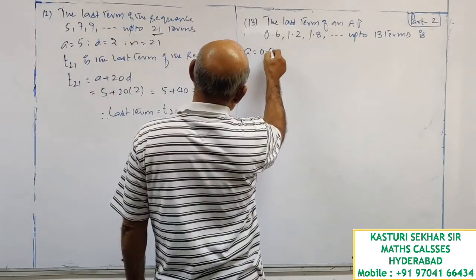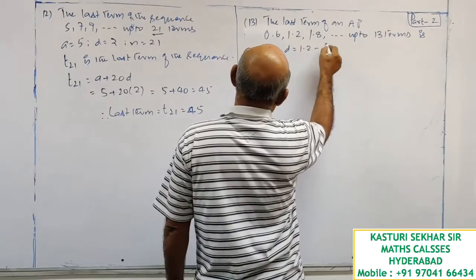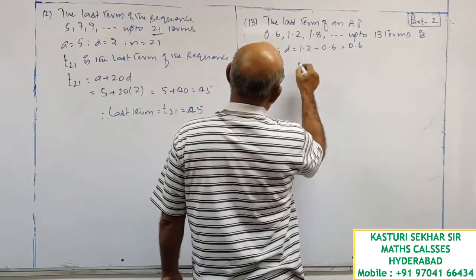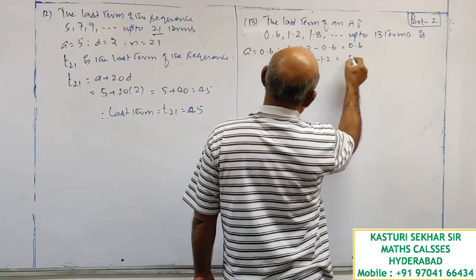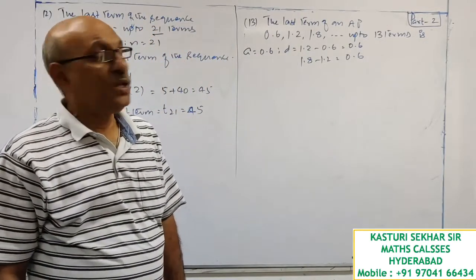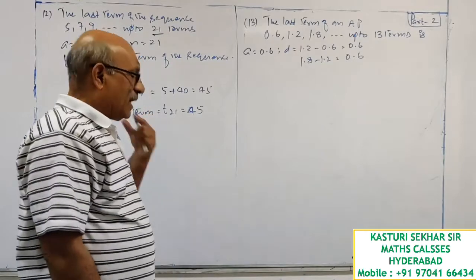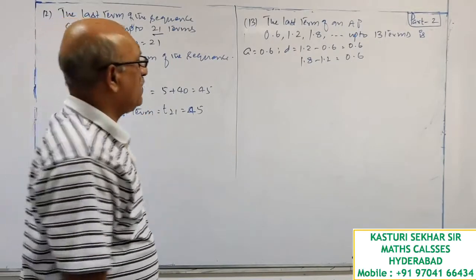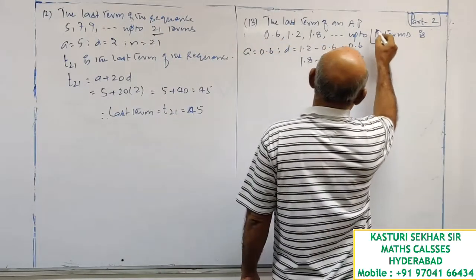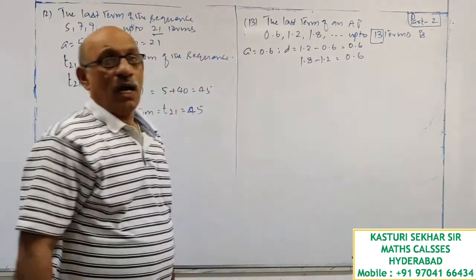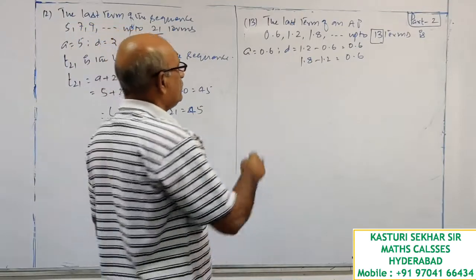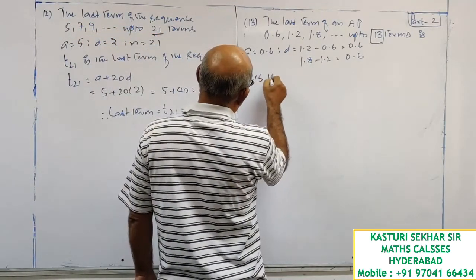Here A is equal to 0.6, common difference 1.2 minus 0.6 is 0.6, 1.8 minus 1.2, again 0.6. Common difference is same, so it is in arithmetic progression. Now how many terms is the sequence having? 13 terms it is having. Therefore the 13th term is the last term.